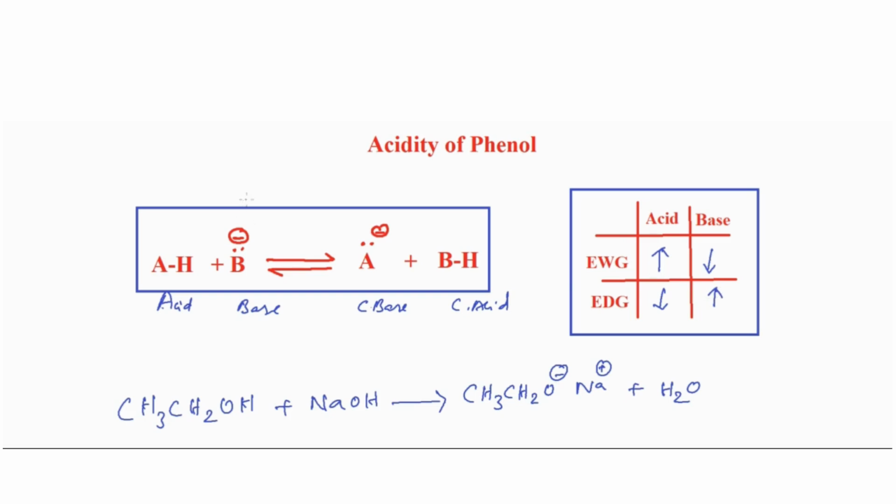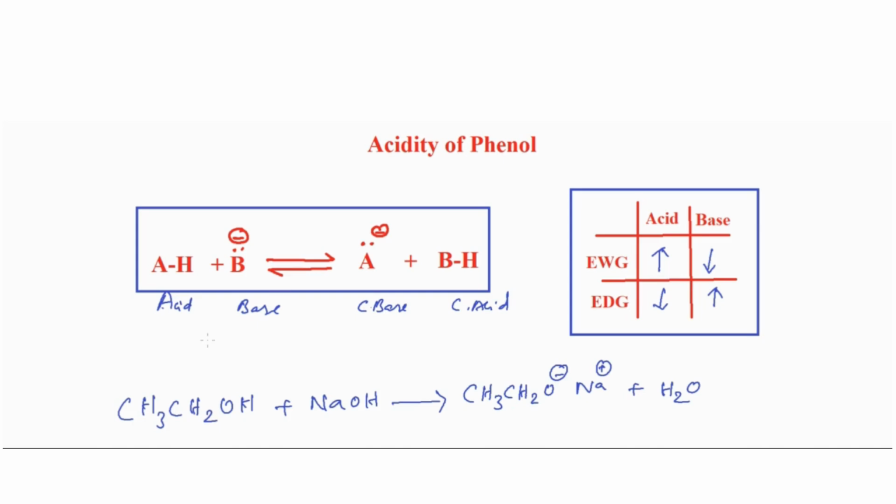So these are the two key points to remember: acid and base give conjugate acid and conjugate base, and the strength can be compared; and the other parameter is electron donating and electron withdrawing groups.